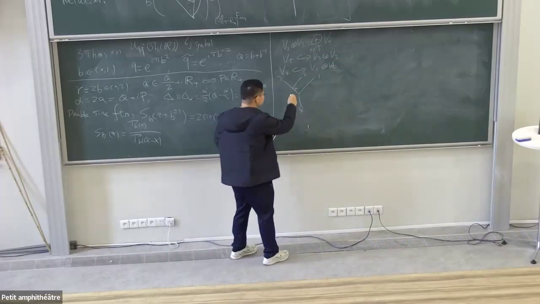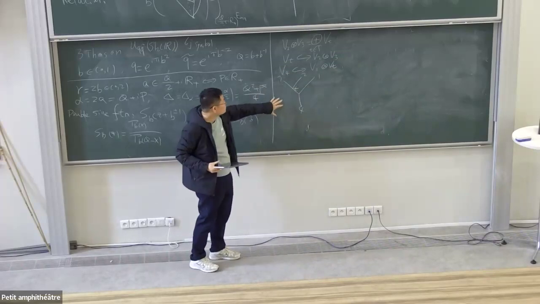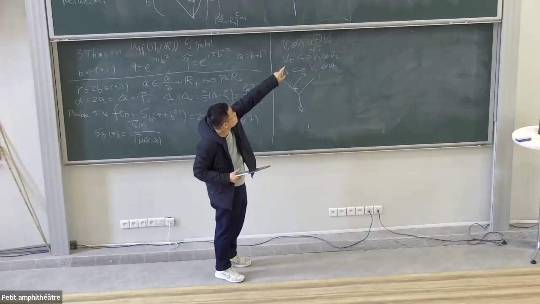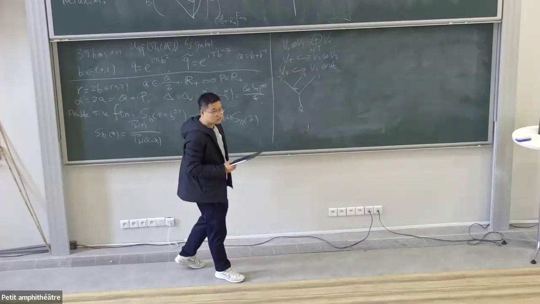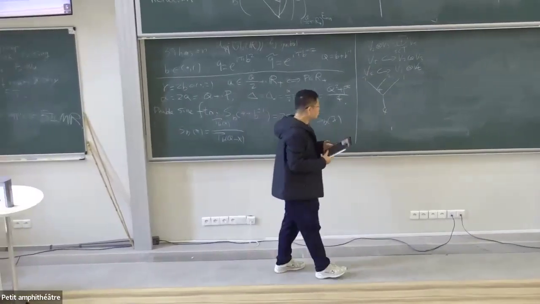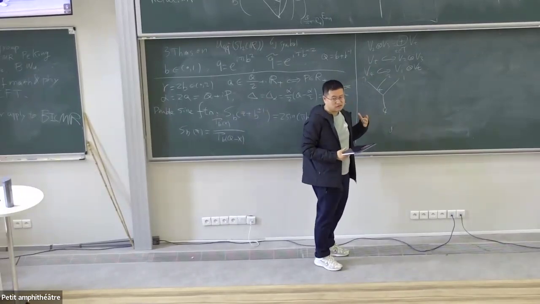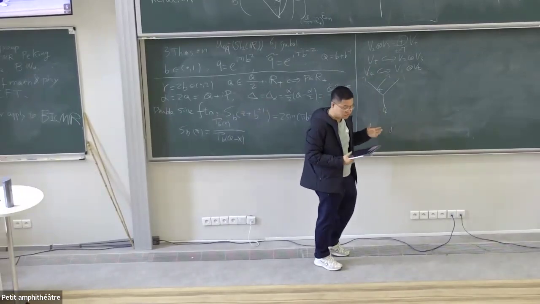Okay. So now we have two bases of this space, from V4 to V1 tensor V2 tensor V3, and then there should be a change of basis. And the 6j symbol is the change of basis.